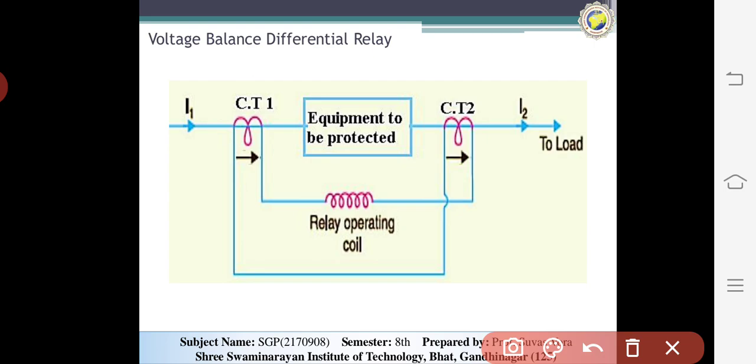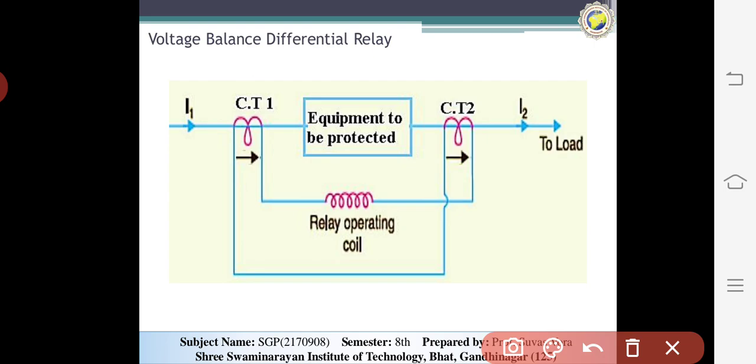Both work on the same principle, but consider either the current or the voltage, or the difference between current and voltage. As for the applications, the differential balance system uses pilot wires for differential protection, so protection of the transmission line can be done easily.